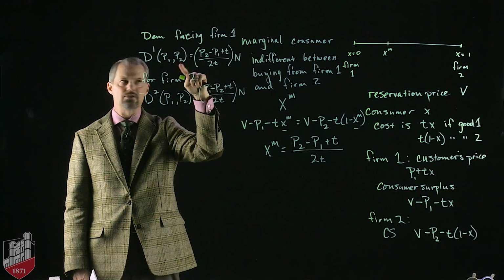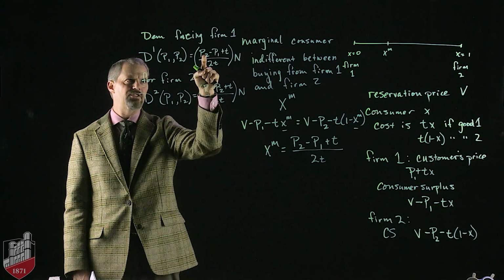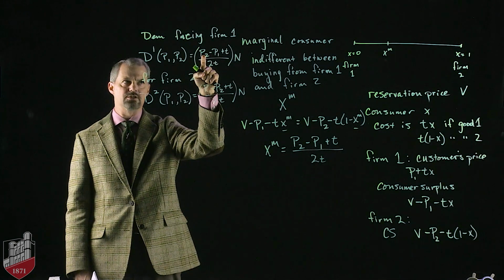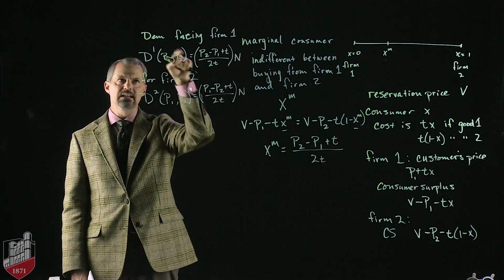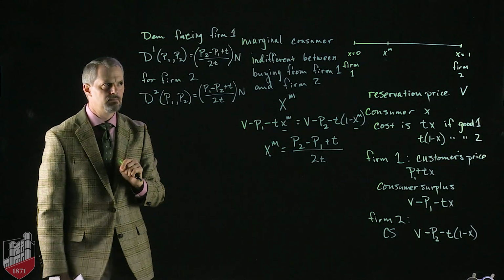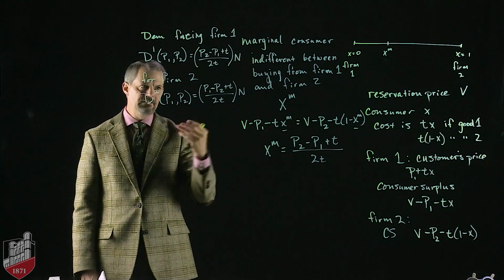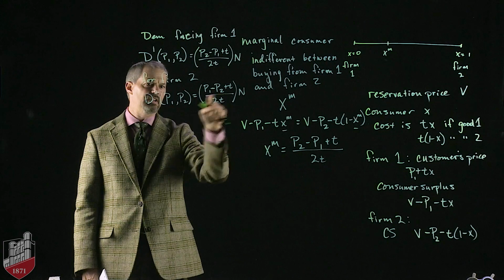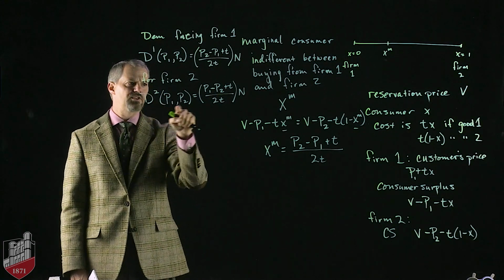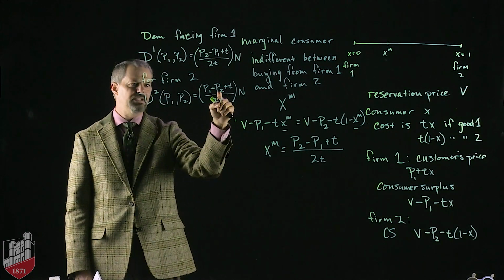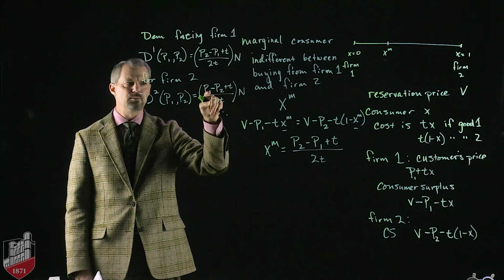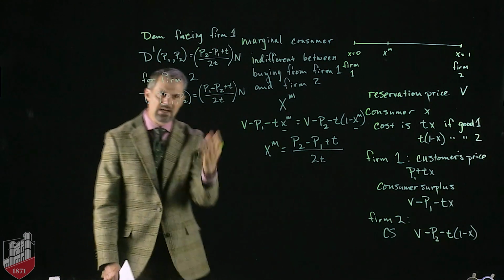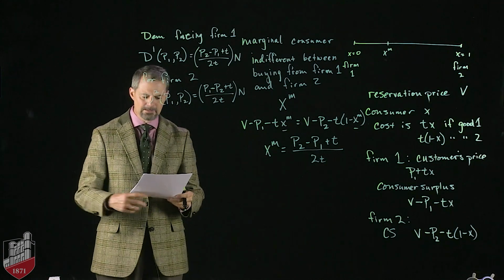Likewise, these two goods are substitutes, because if we increase the price that firm 2 charges, because it shows up in the numerator with a positive sign, it increases demand for firm 1. The same thing happens here for firm 2. If you increase P2, this goes down. If you increase P1, the other firm's price, this goes up. So these demand curves make sense to us.